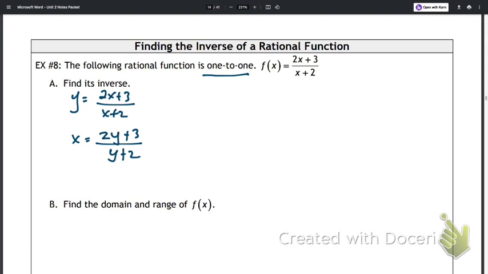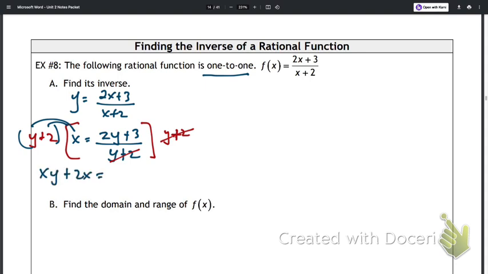All right, and then what we're going to do is go ahead and multiply both sides by that denominator. That way we can get it out of the fraction. On the right hand side it cancels out. On the left hand side we want to go ahead and distribute that. So this is being multiplied times x, so you distribute that x through there. So that gives me xy plus 2x equals 2y plus 3. I'm going to rewrite that over here.